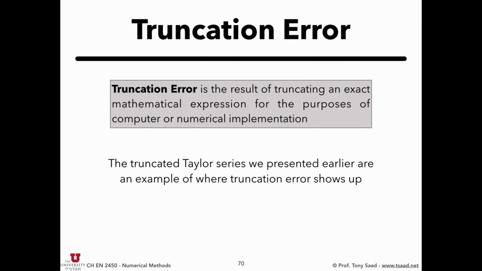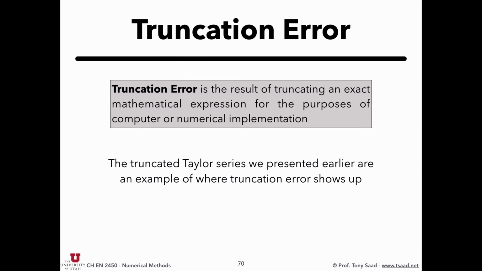The exact mathematical expression, for example, for the exponential function has a summation of an infinite number of terms. Yet, for the purposes of a numerical implementation, we only pick a few terms, and the error that is committed there is truncation error. We measured that truncation error by doing the relative approximate error.